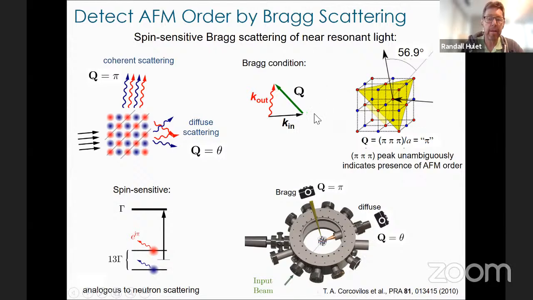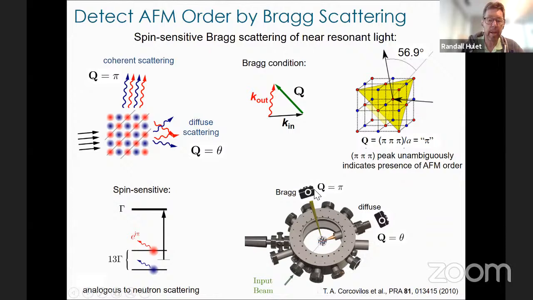So we send in light at a 57-degree angle, and we put a camera at the output end where we expect to see coherently scattered light, and we detune our Bragg probe to be in between these two spin states. And to the extent that we can avoid spontaneous emission, this is a way of detecting the spin-sensitive component of the Bragg scattering.